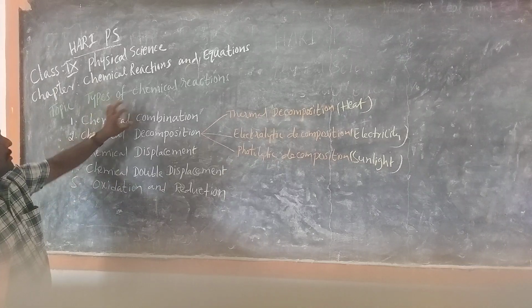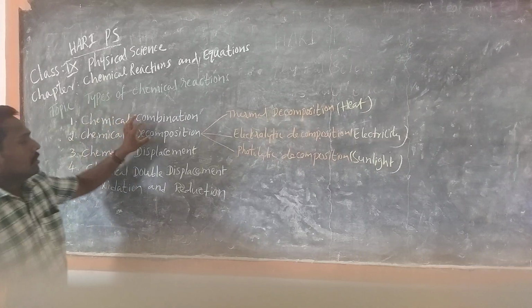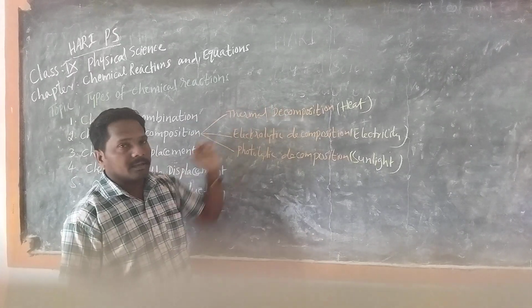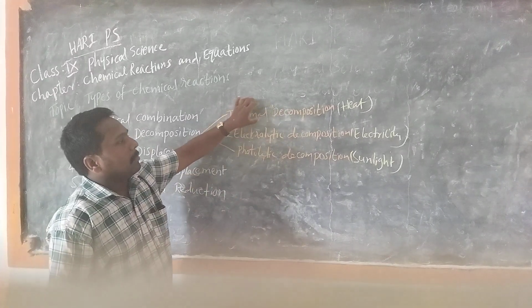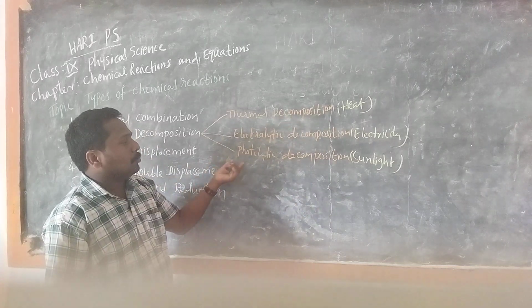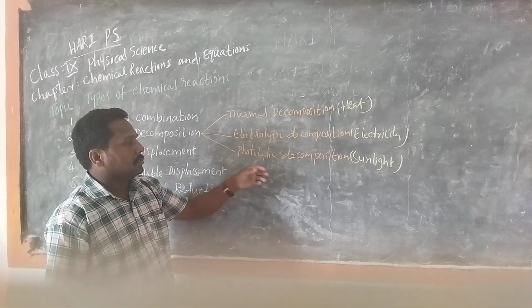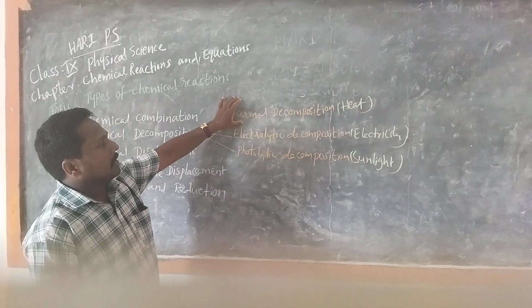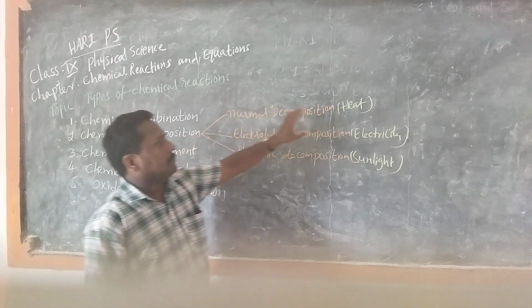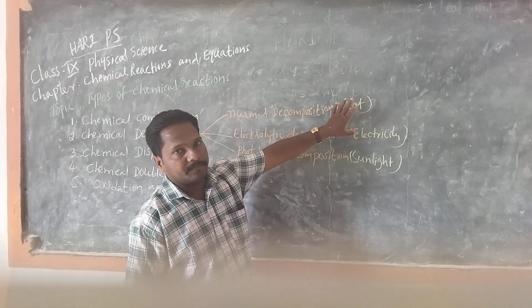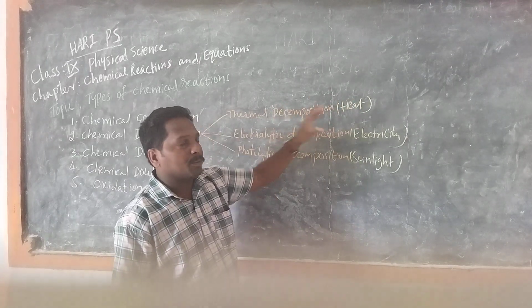Chemical decomposition again has 3 types: thermal decomposition, electrolytic decomposition, and photolytic or photochemical decomposition. If the reaction takes place in the presence of heat, it is called thermal decomposition.